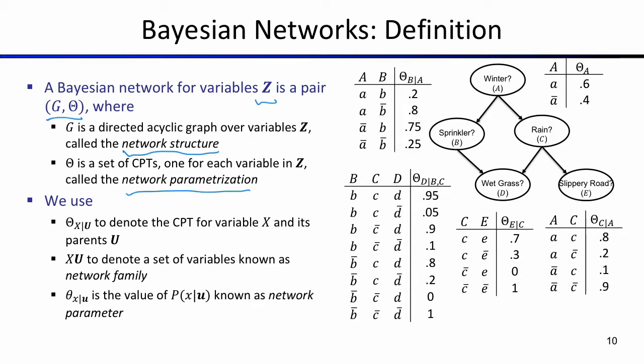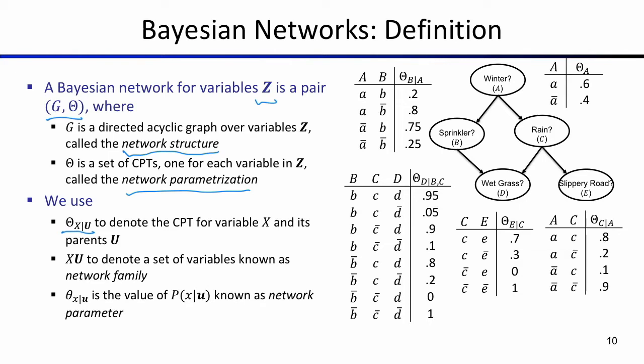So we have these two components. One is the graph structure, and the other are the parameters that specify the strength of the dependencies between the variables. We're going to use theta x given u to denote the CPT, where we have a variable x and its parents u. For each node we specify one CPT.